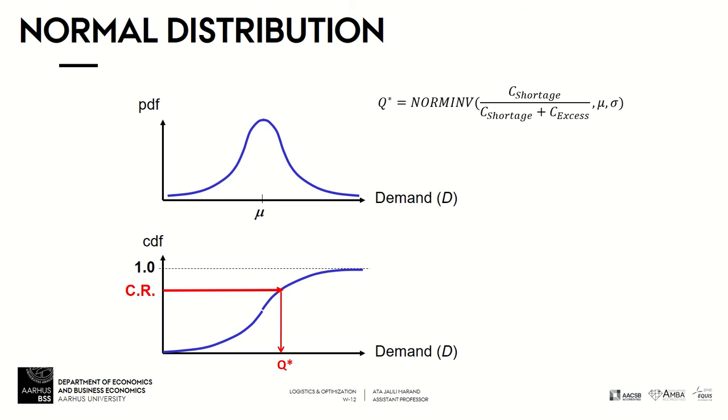If we know these two values, then we can simply use the inverse of the normal distribution. In Excel, it is the NORM.INV function, and for the first argument we feed the critical ratio, and then mu and sigma. So we can simply calculate the order quantity.